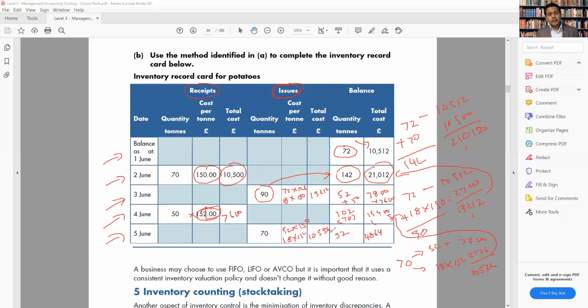So we completely use the first delivery, then we move to the next delivery, then the next lot, then the next lot, because every lot has a different cost. All right, take a minute and let me know if you have any question before we move to the next topic.